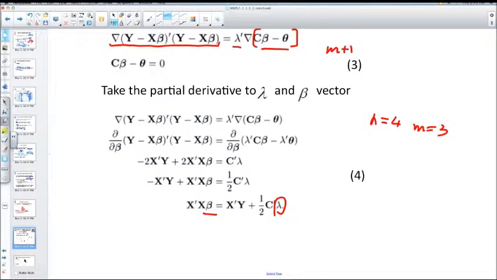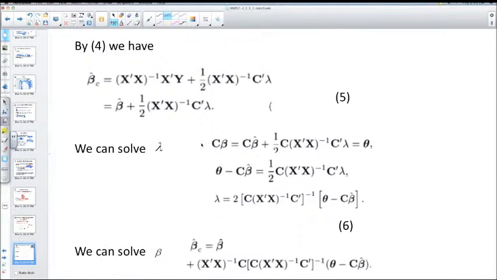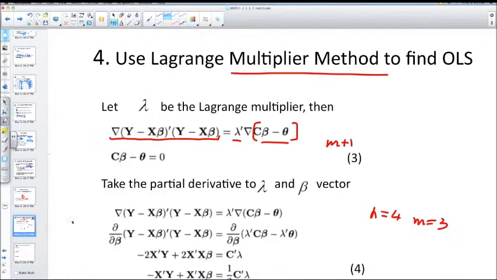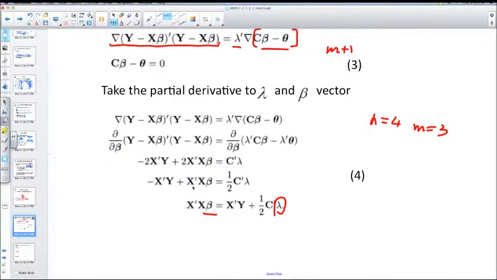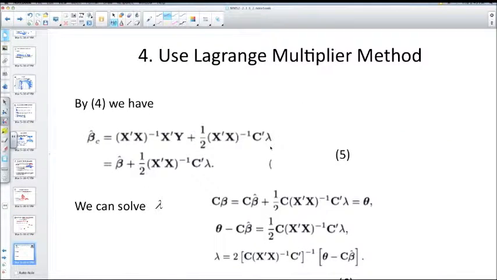And then, based on the lambda you solve, you're going to solve this beta as the estimate. You know, in statistics, when it's an estimate, we put a hat on the beta. That's not the real one. You do not know the real one. And this little c means under the constraint, under your assumption.